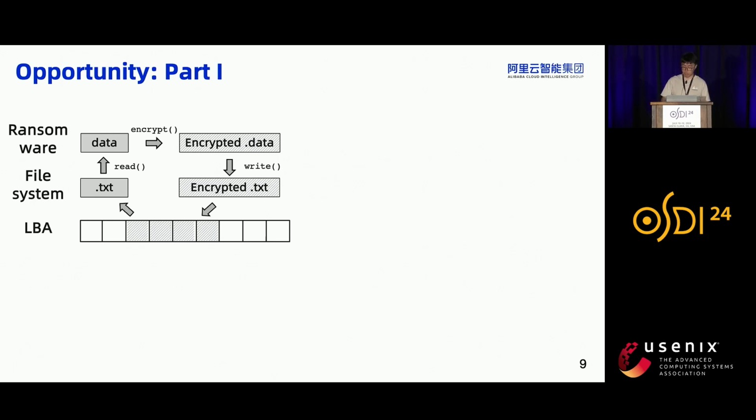Fortunately, our Cloud Block Store shares the two features as well. First, our Cloud Block Store offers virtual block devices to users. So we decided to check whether ransomware and normal apps have distinct differences in logical block address access patterns.